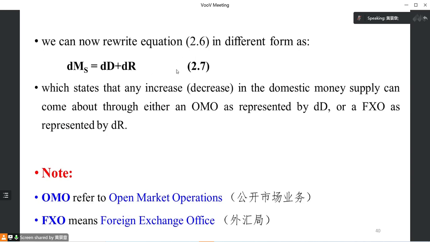We can regard this equation as 2.7, which states that any increase or decrease in the domestic money supply can come about through either an OMO, as represented by ΔD, or an FXO, as represented by ΔR.